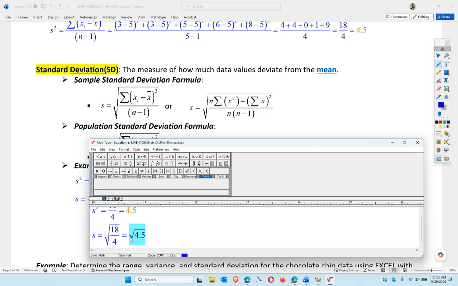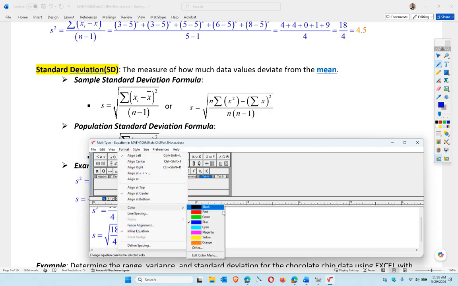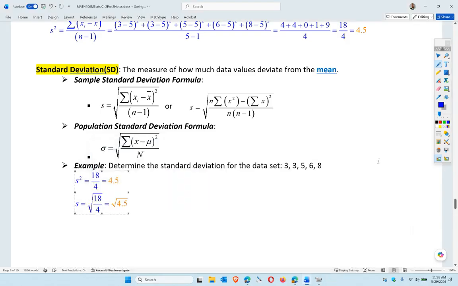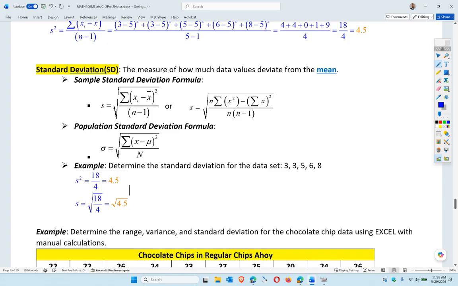Either one of those, depending on what you're trying to do, is fine. You can get the decimal value out of that, which is like 2 point something. I don't know what that 2 point something is. So the average value deviates by about the square root of 4.5, or 2 point something, essentially.